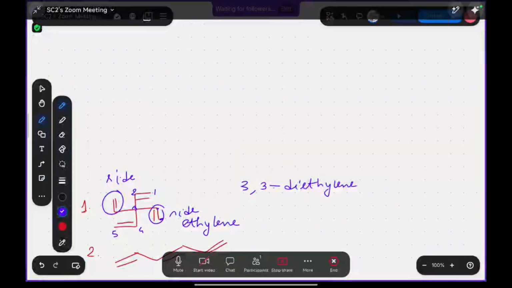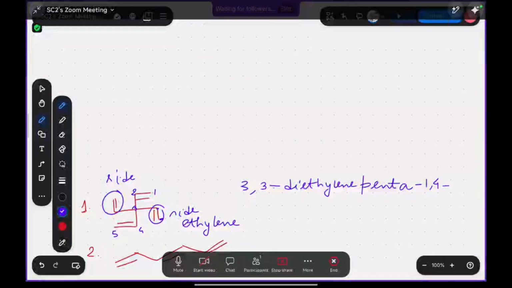Then it is having the parent chain. No cyclic ring is there. So let's move to the word root. The word root is pent, 5 carbon atoms in the parent chain. So penta. Next, we are having 2 double bonds at the 1 and the 4 position, selecting the lowest locant. So penta 1, 4. Now what did I say in the previous video?